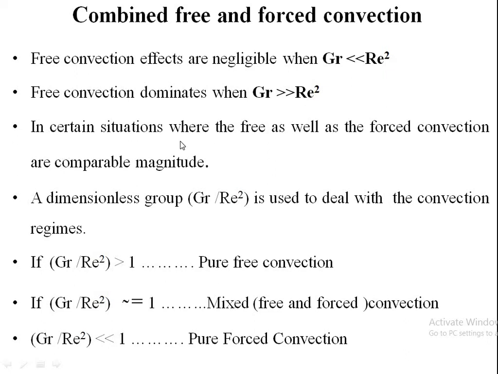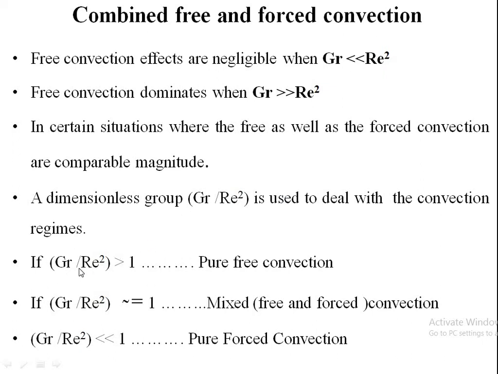In certain situations where free as well as forced convection are of comparable magnitude, the dimensionless group Gr divided by Reynolds number squared is used to deal with the convection regimes.